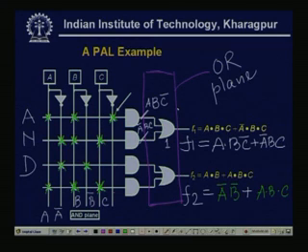So this is a restriction of PAL. It is already pre-designed so that my output function is the sum of 2 minterms only. But the minterms can consist of any of the literals.